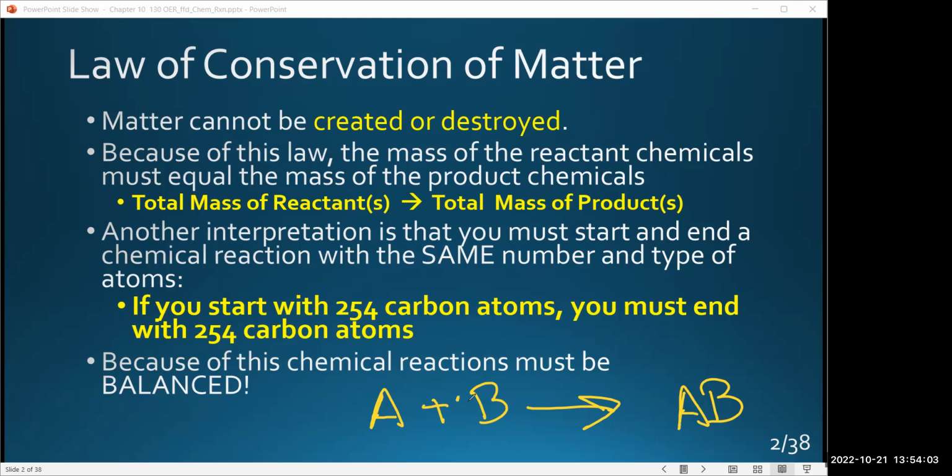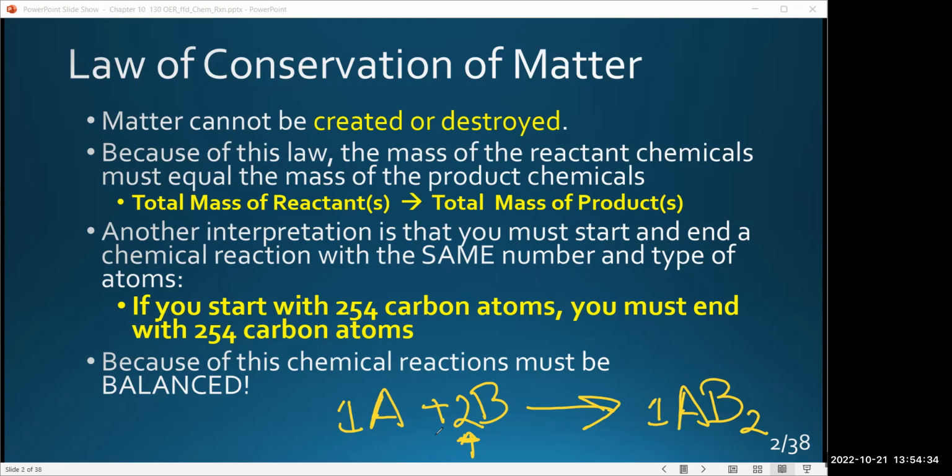And for whatever reason, we need two Bs to react with a single A. So these coefficients right here, and it's understood when there's no coefficient in front, it's understood to be one molecule of A. There's two B, and there's one of AB subscript 2, okay? And so we have a balanced chemical equation.